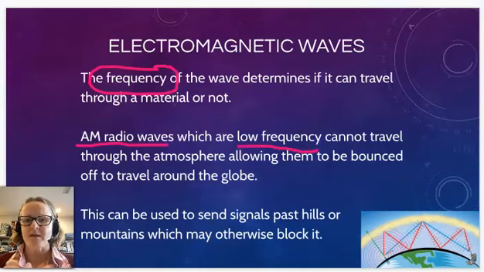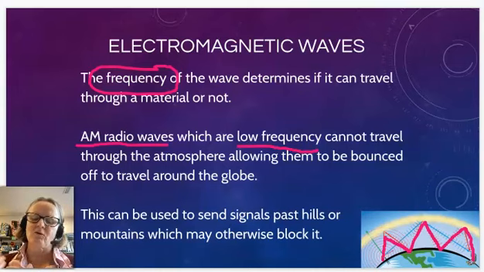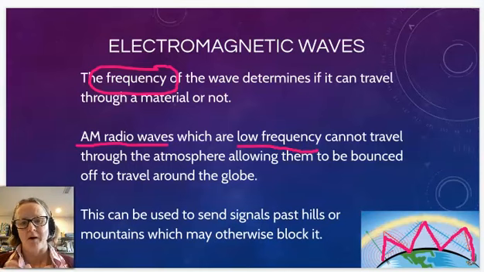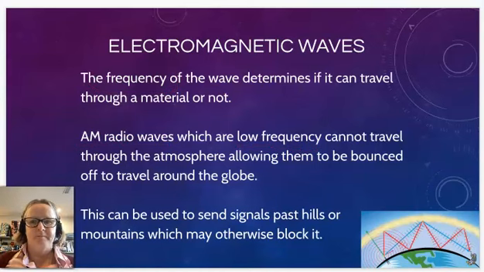We know that they bounce off the atmosphere, so we can actually use them to send some signals around the globe, bouncing them off the top of the atmosphere, and that'll take them around a hill or over buildings or past mountains, which might have blocked the signal. If we use low frequency radio waves, we can get them round the globe.